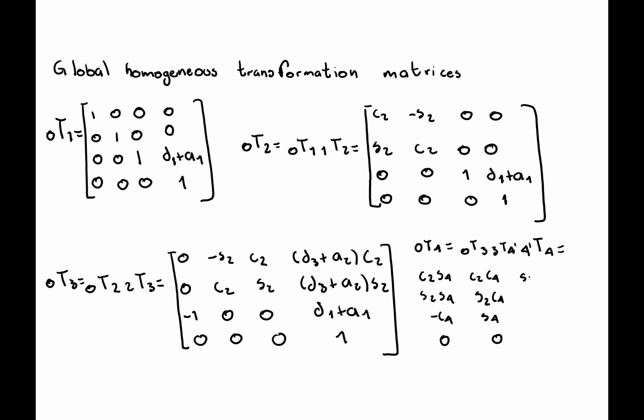Then sine 2, minus cosine 2, 0, 0. And then d3 plus a2 times cosine 2, then d3 plus a2 times sine 2, a1 plus d1, 1. And this is our homogeneous transformation matrix 2, 4.